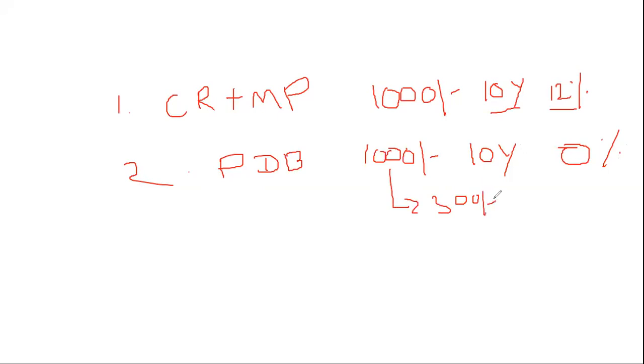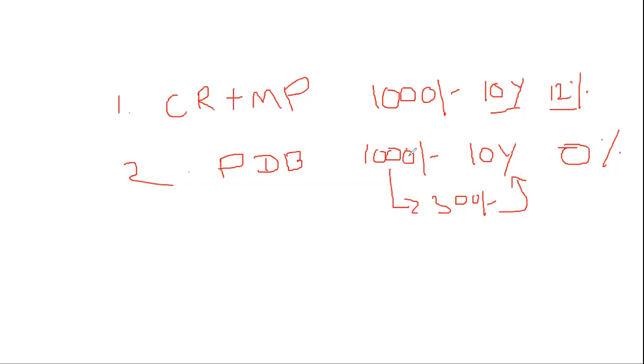It means your investment is 300. So you buy the bond for 300 rupees, and you keep the bond for 10 years, and you will get 1,000 rupees after 10 years, right?